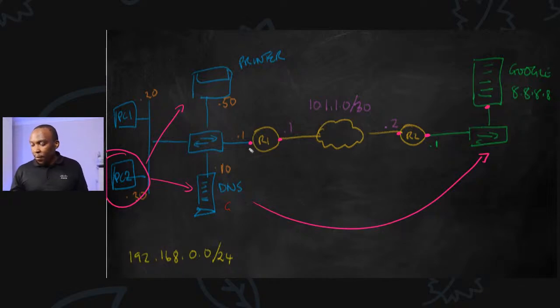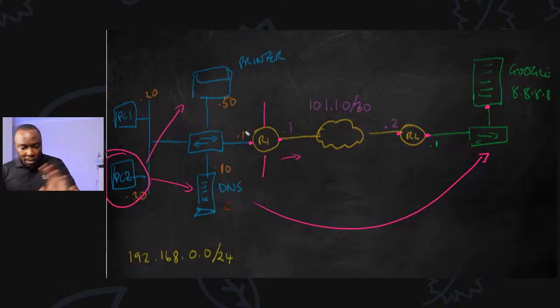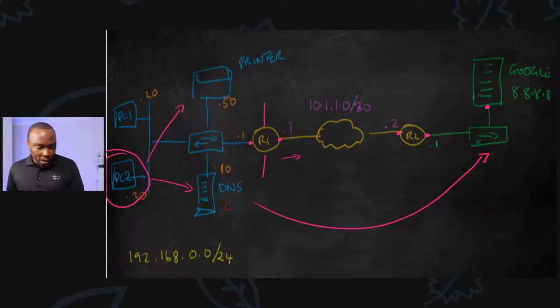Because if this interface was down, it means that there's no way she can get to this side of the network, which is where the internet is. If this interface was down and this one was up, she will not be able to then do. So our job is to troubleshoot. Whilst you're thinking about that, I'm just going to make 1 or 2 tweaks on the network, and then we can try and work out which method we use to do our troubleshooting.